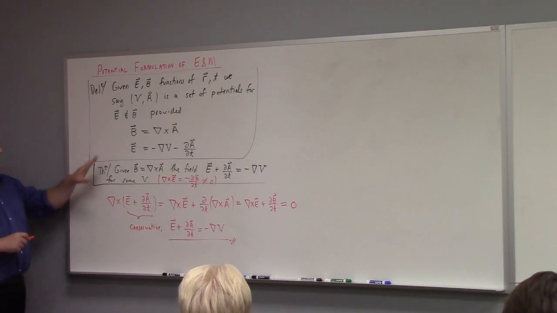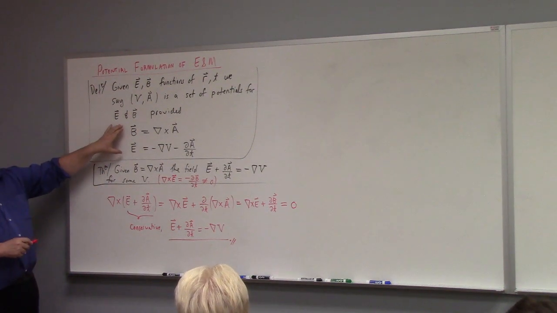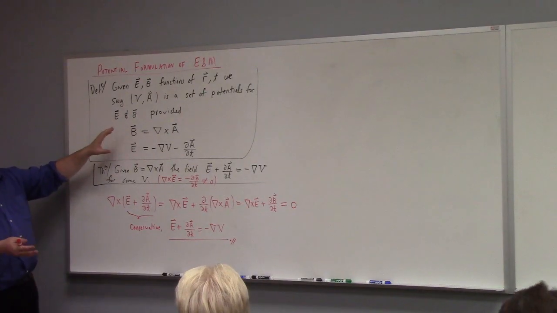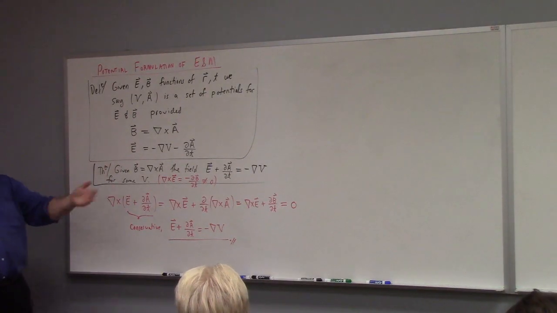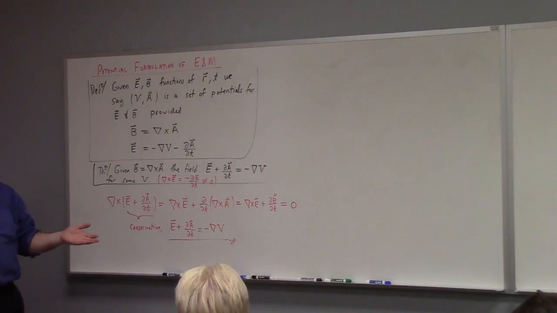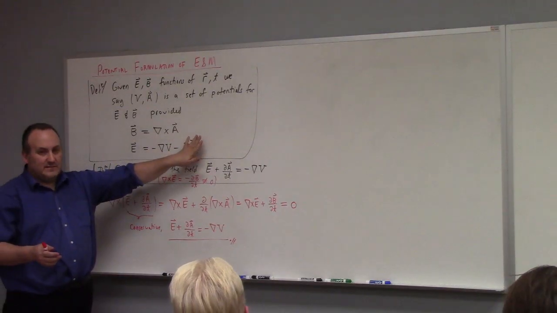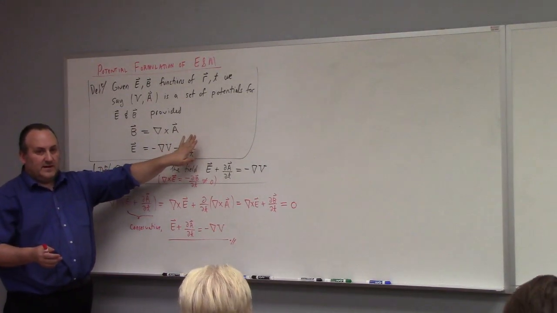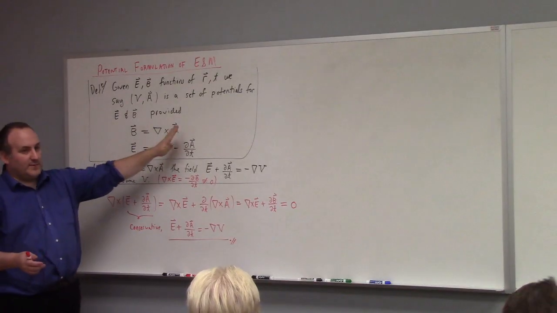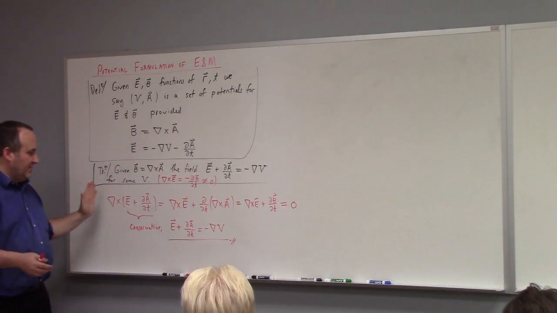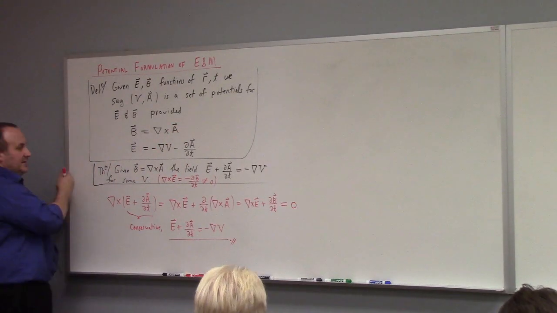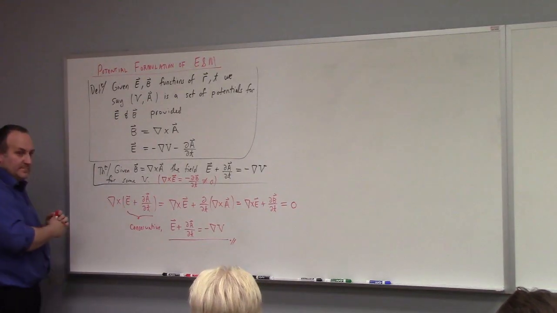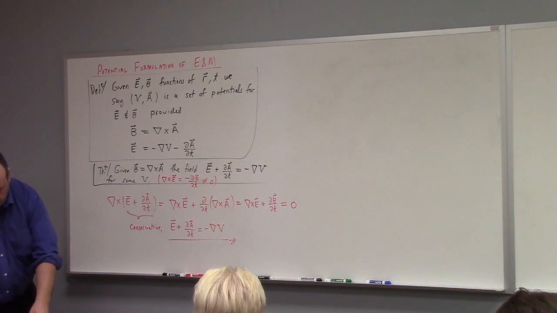Notice that this set of potentials reduces to what we've talked about before from the magnetostatic or the electrostatic case, right? In the magnetostatic case, there was no time dependence to the vector potential, right? So like partial A, partial T was gone. And so this reduces to what we've done before, but it also plays nicely with Faraday's law, right? That's the thing.